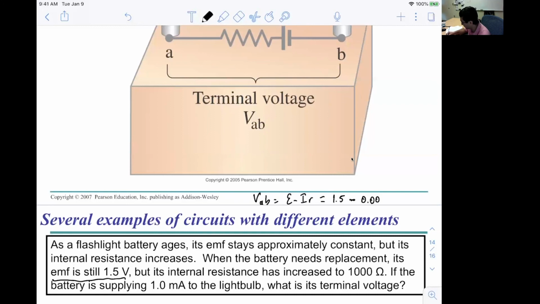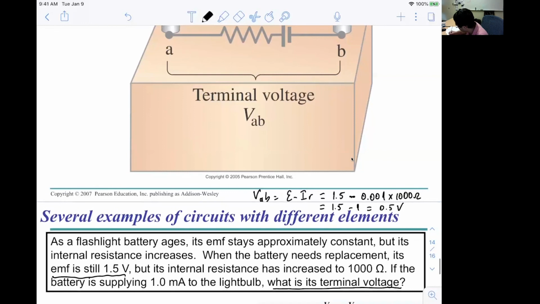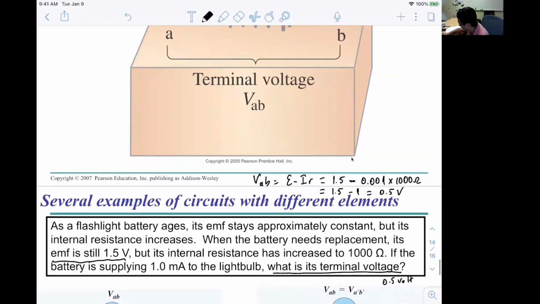In terms of amp, that's 0.001, and you have 1000 ohm. So this will be 1.5 minus 1 equals 0.5 volt. So the terminal voltage is going to be 0.5 volt. Okay, this is the first example.